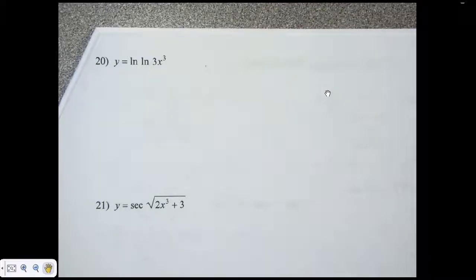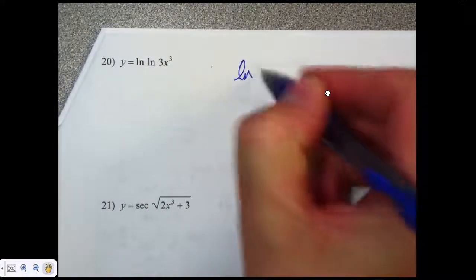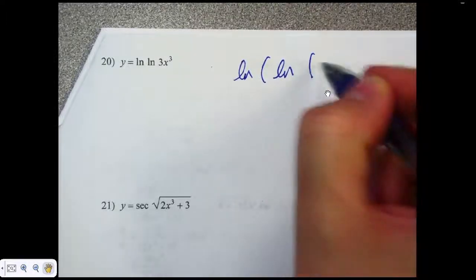What's the big guy? Like the very outside outline, right? Then your middle guy would be the second ln. The little guy's 3x cubed. Okay, so you might want to write it like ln, parentheses, ln 3x cubed.